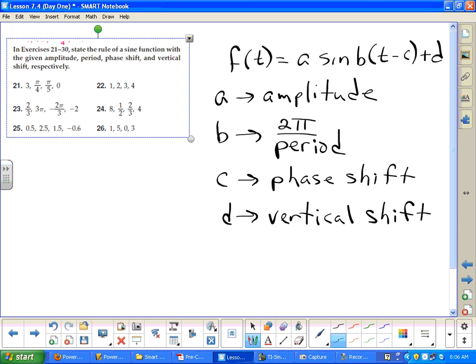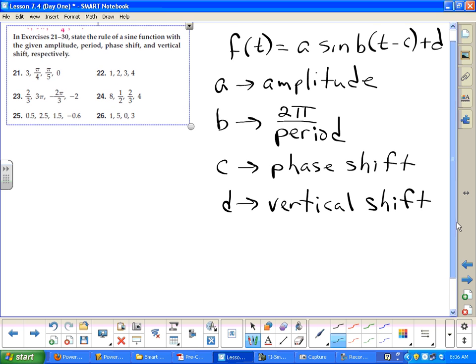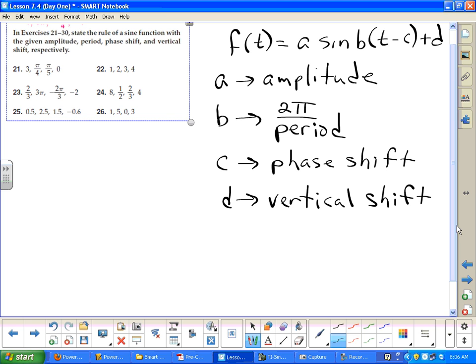So for number 21 then, they tell us that the amplitude is 3, so A is 3. B is 2 pi divided by the period. If the period is pi over 4, we have 2 pi divided by pi over 4.